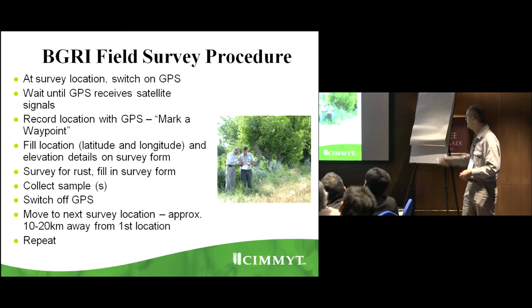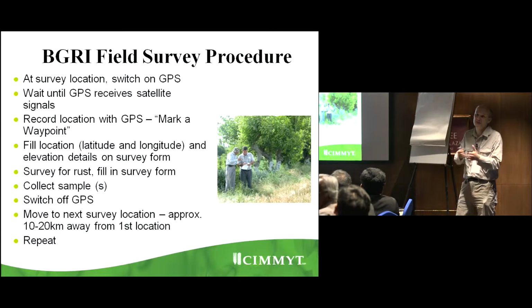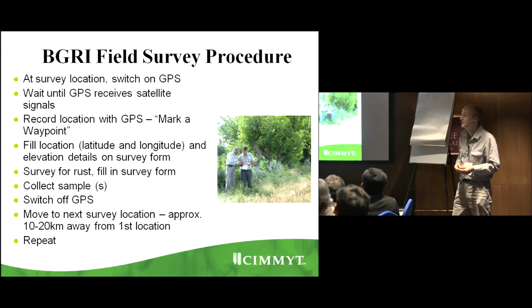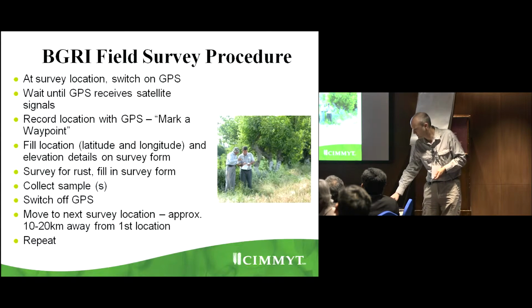And usually that would be something like 10, 20 kilometers. But it varies depending on how extensive your wheat areas are. But that's basically standard procedure. And I'm pretty sure most of you are very familiar with this.